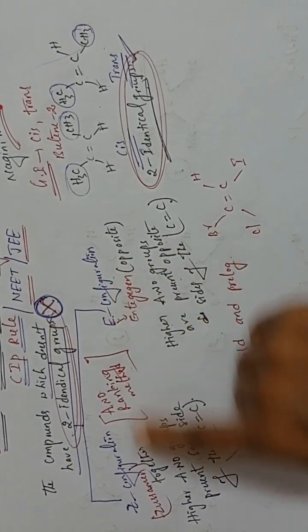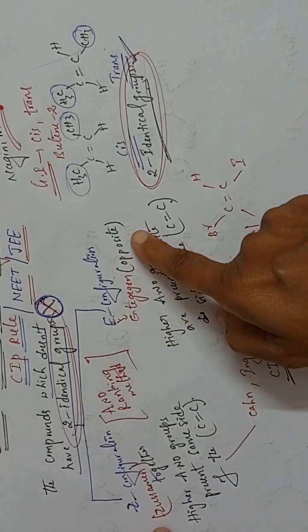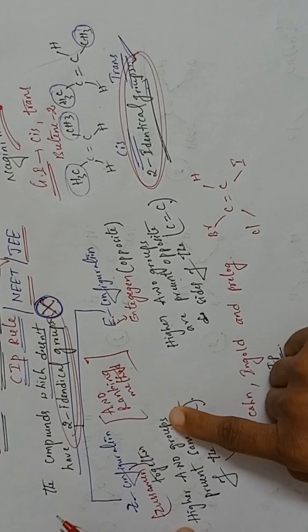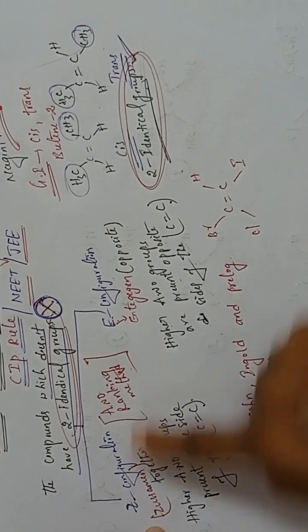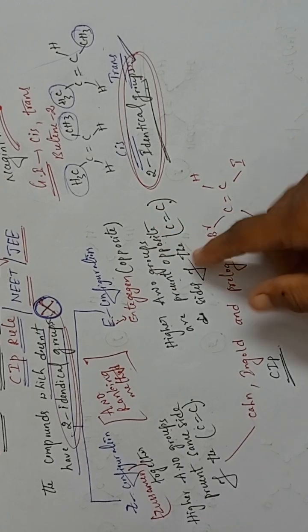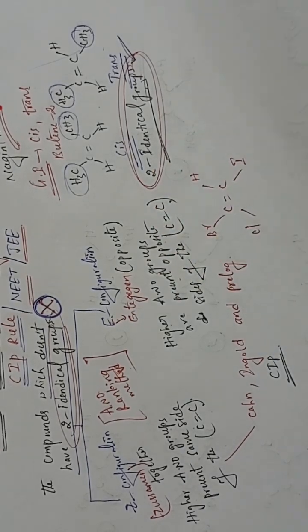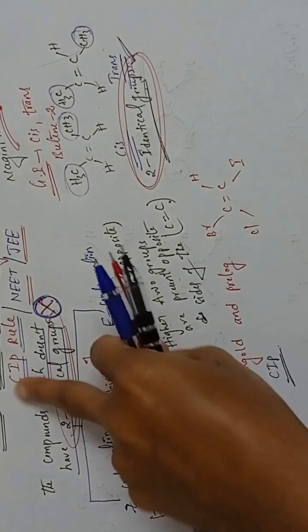The letter Z came from the Latin word zusammen, meaning together, and entgegen means opposite. If the higher atomic number groups are present on the same side of the doubly bonded carbon atoms, that is Z configuration. If they are present on opposite sides, that is E configuration. Clear? So this rule was developed by Cahn, Ingold and Prelog, that's why it is called the CIP rule.